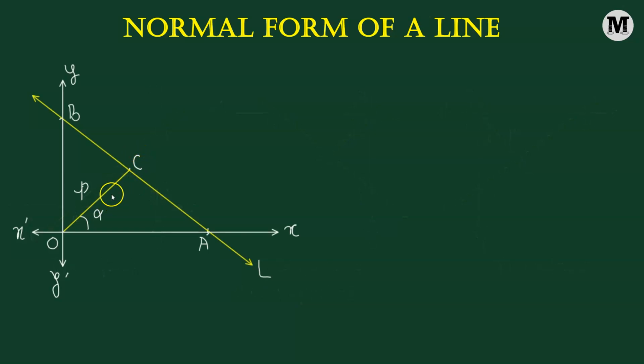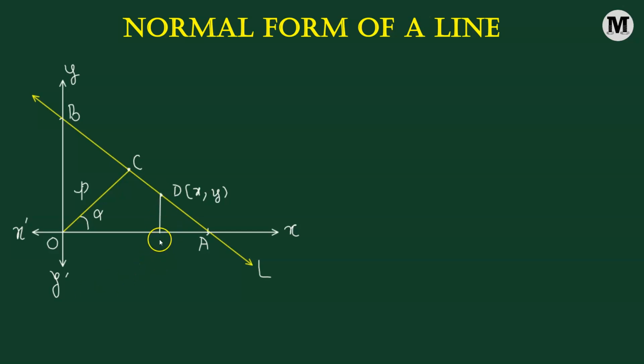So we have the perpendicular meeting the segment AB at the point C. Now, in order to determine the equation of the line L, we're going to consider the locus of a point, let's say the point D having the coordinates x, y. Then from point D, we're going to draw a perpendicular on the x-axis.